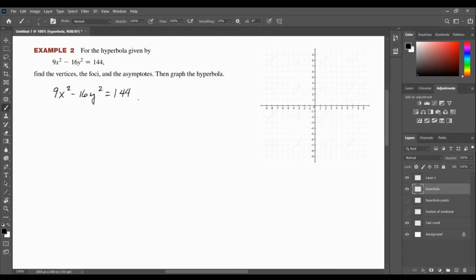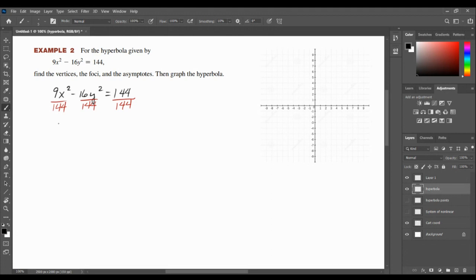Our hyperbola always is set equal to 1. So I'd better get this 1 over here. So I'll divide by 144. That'll leave me with a 1 over there on the right-hand side and give me the denominators.